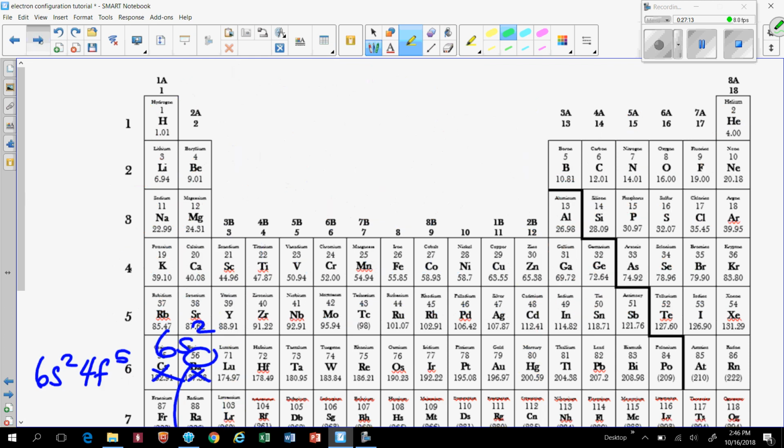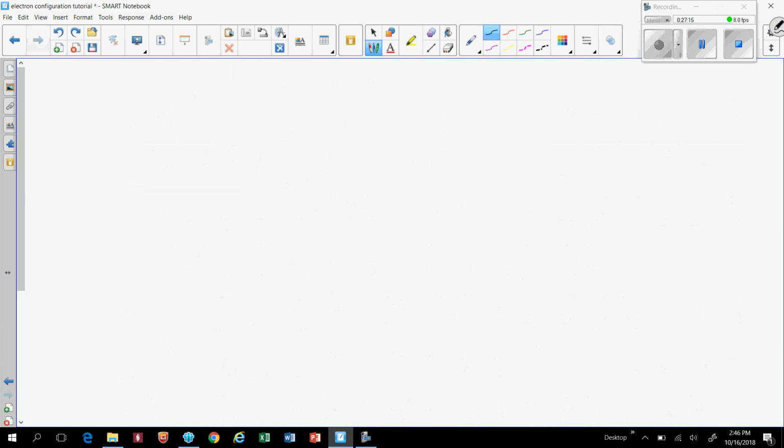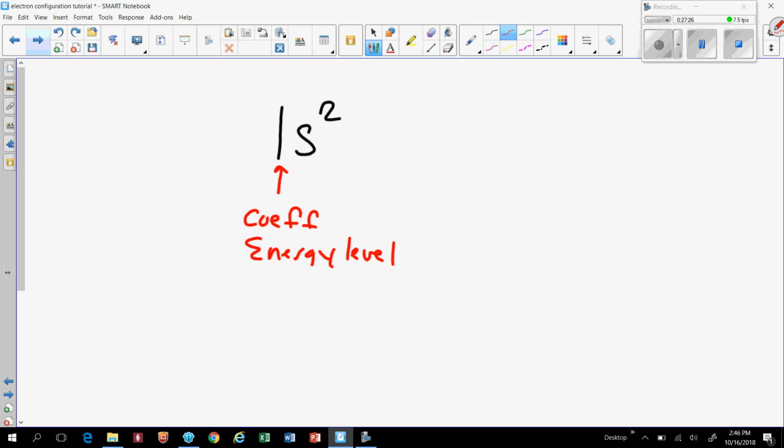So we want to remember that when we do an electron configuration like this, the coefficient here is our energy level, which corresponds to the period, the horizontal row, left to right, on the periodic table. This letter S, or P, or D, or F, that's our sublevel.